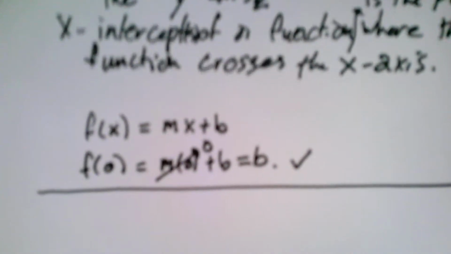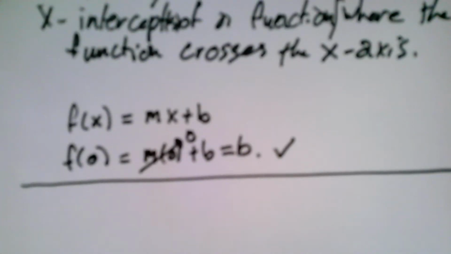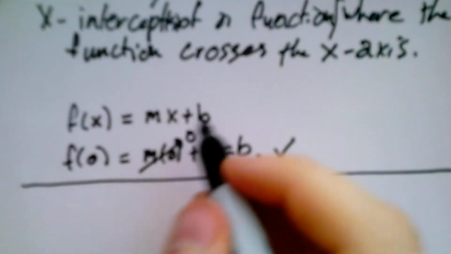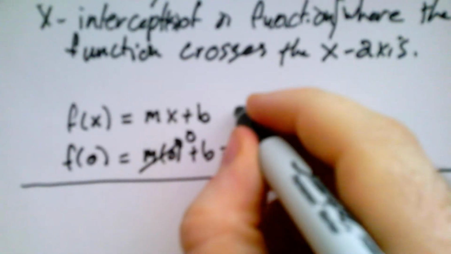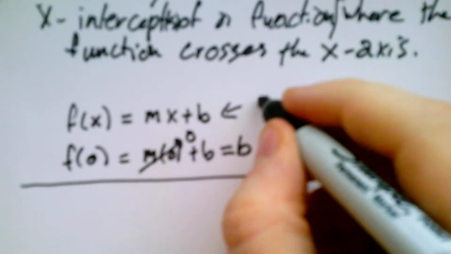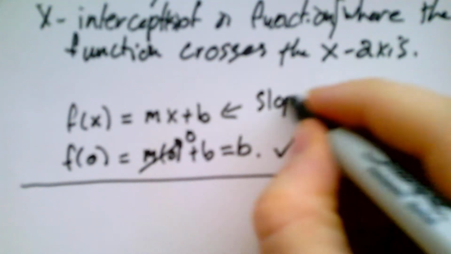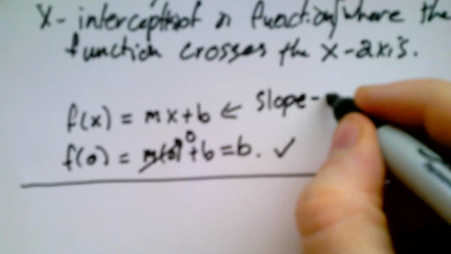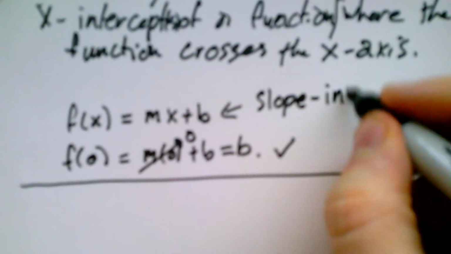Okay. So then the next thing I want to talk about is that this form we use to define a linear function has a name. This is called the slope-intercept form. And there are other forms that a linear function can come in.